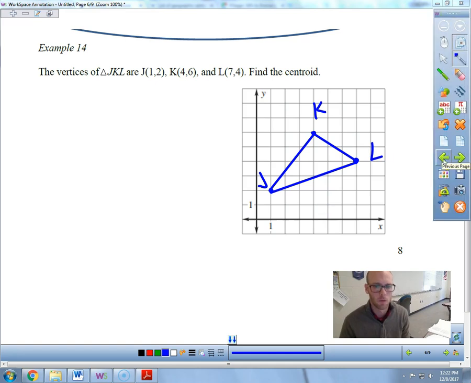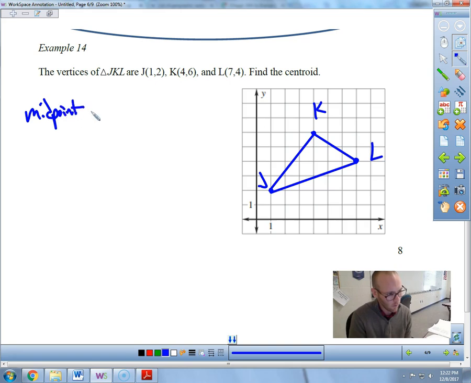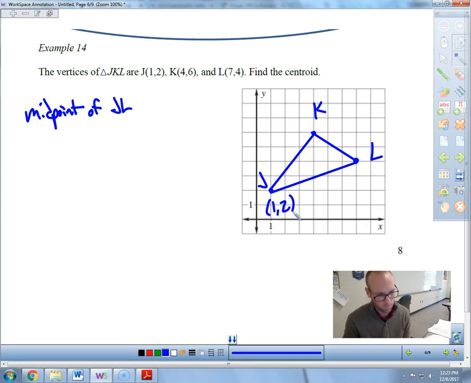Well, how do we get the centroid again? From the medians. Well, if I'm going to draw a median, I need to know the midpoint. So let's first find the midpoint of JL. Remember the midpoint formula? Let that be x1, y1. I'll let that be x2, y2.